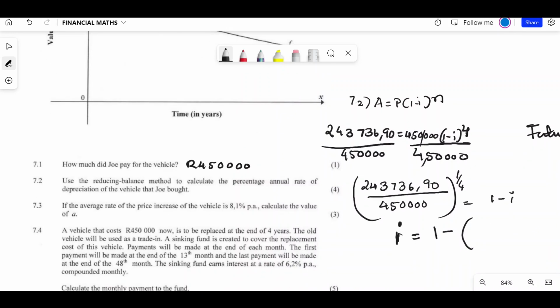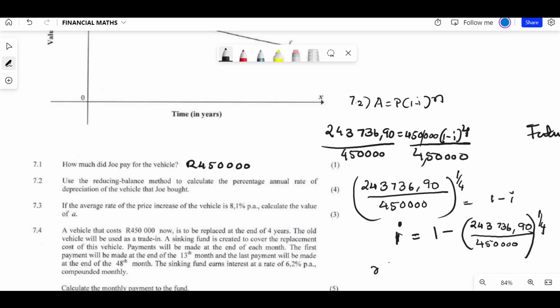Which is now going to be 243,736.90 divided by 450,000, to the power 1/4, and you get the answer.